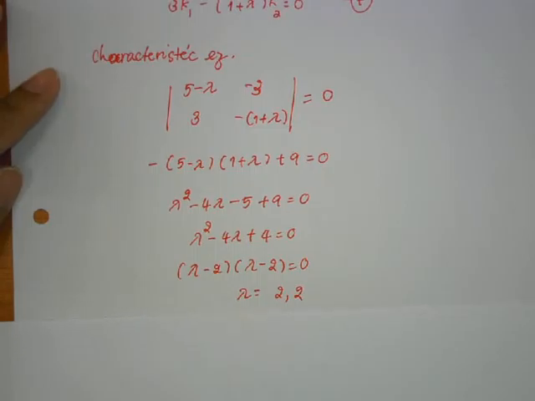So from that we are going to find the beta, but before we find beta we have to find the set of k by plugging lambda into either equation 3 or equation 4.